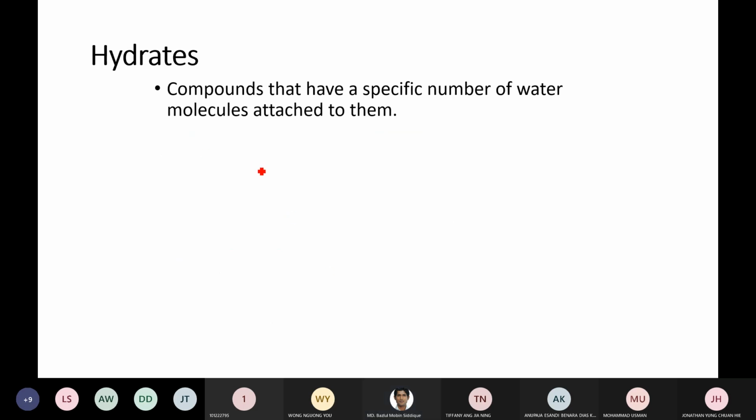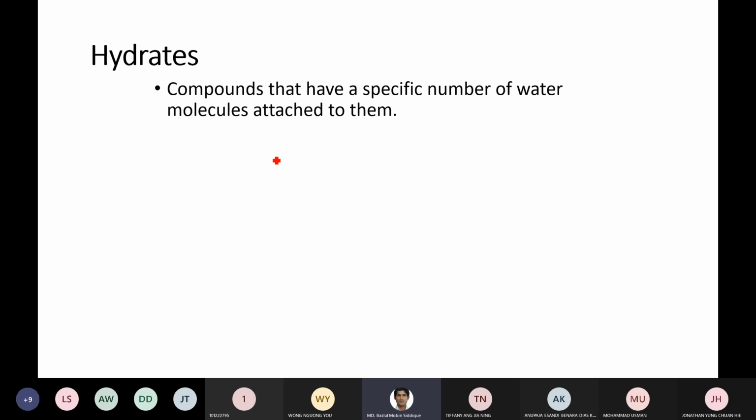Okay, hydrates: when a compound has some water molecules attached inside it, that we cannot see, but if we do some testing, we will see that there are water molecules inside that molecule, and that is why its physical properties change.